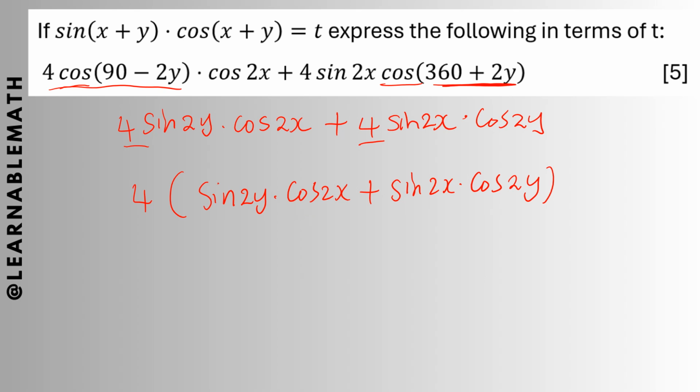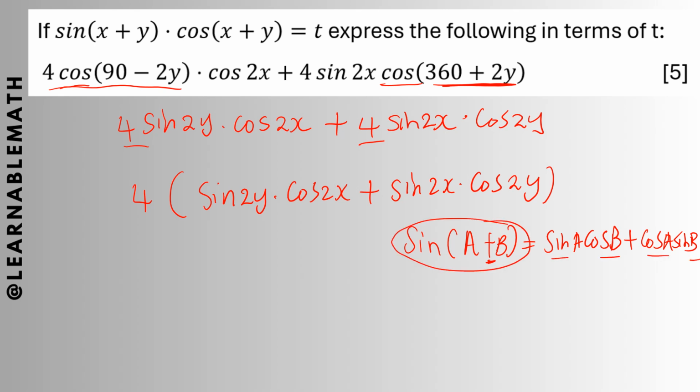We have to be thinking about reducing this as a compound angle of sine, because we know that sine(A plus B) is the same as sine A cos B, we keep the sine, we remain plus, and it will be cos A sine B. Okay, so that's the idea: if you have sine cos, cos sine, you have to be thinking about reducing it into a compound angle of sine, right?